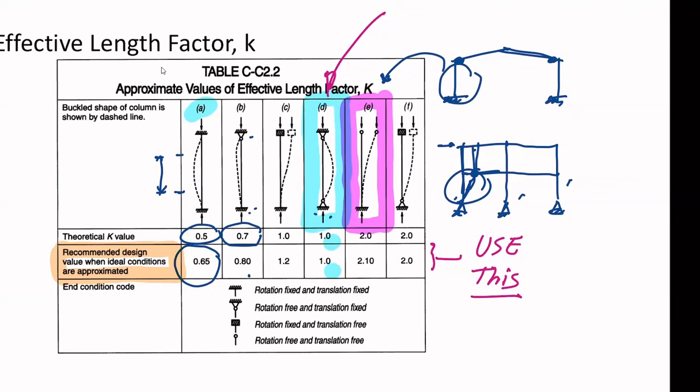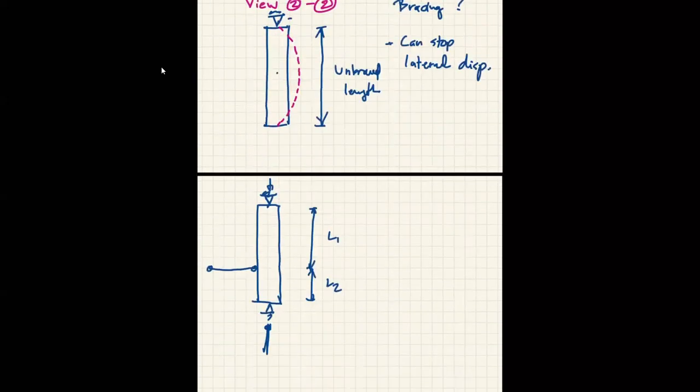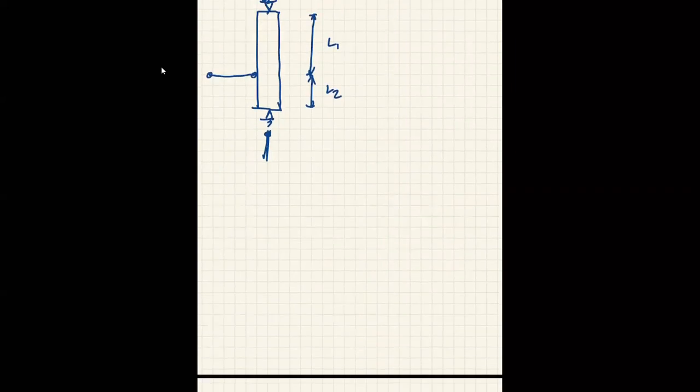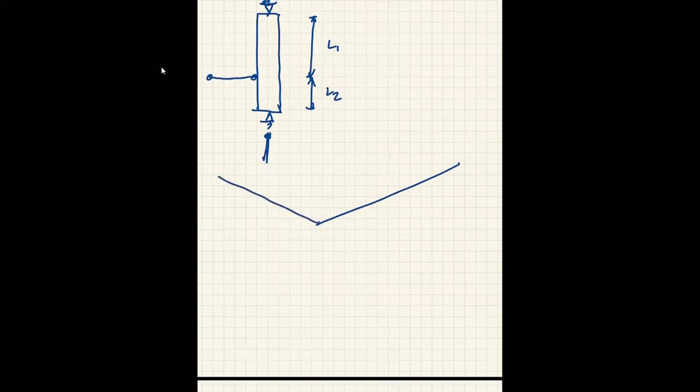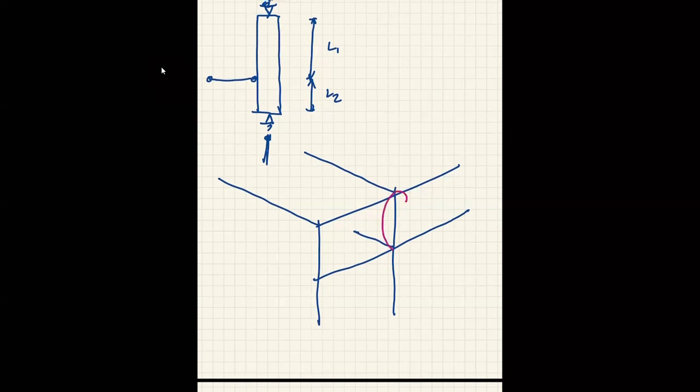So if I'm going to draw this picture again in 3D, all right, let's say we have the building here. Let's say we are going to consider this compression member.